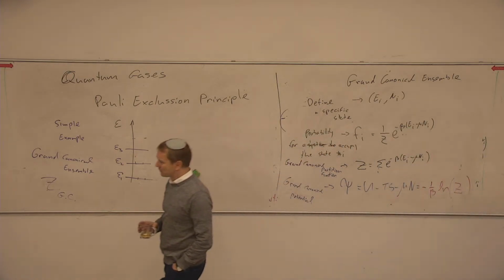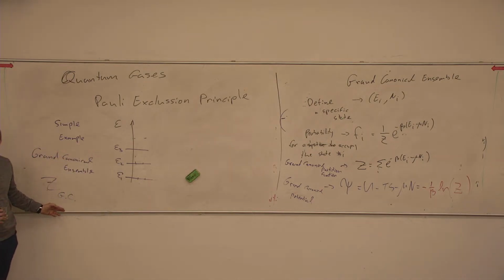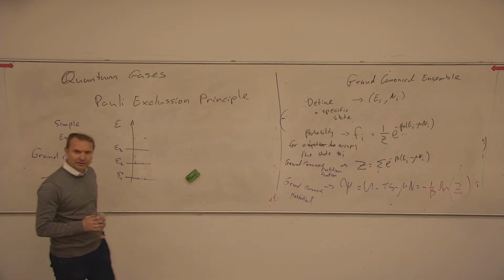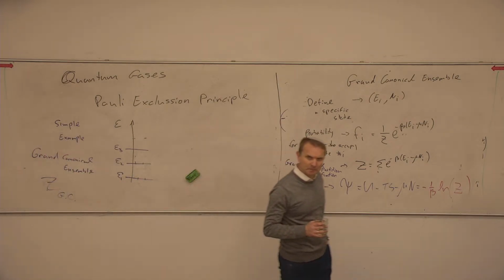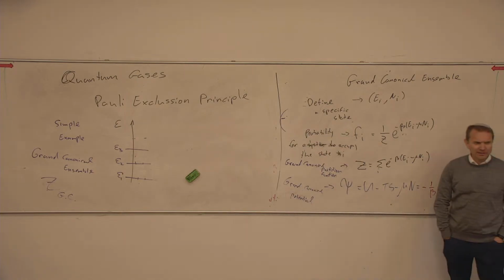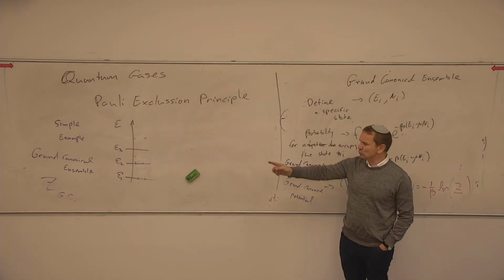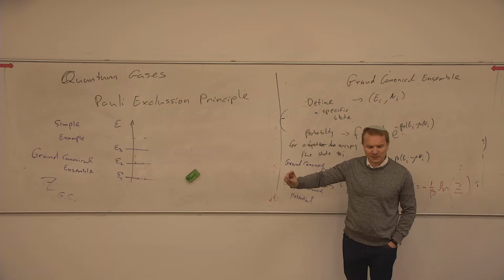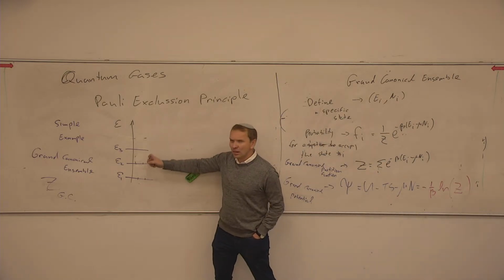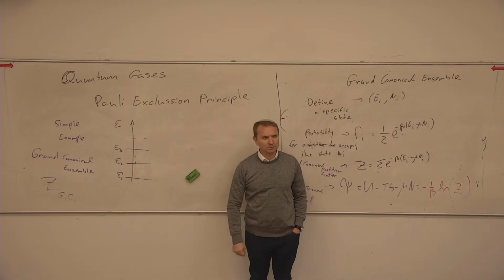Now remember, eventually my goal is not just simply to write down the grand canonical function. It's also to show to you that it can be factorized. Okay? Remember, the only way that I know how to solve anything is just by using some sort of factorization. I cannot use this factorization because if the number of particles is fixed, they affect each other all the time because of the Pauli exclusion principle.